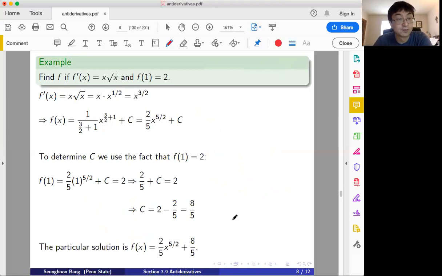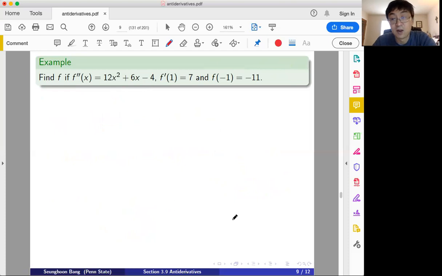So let me see. Second one. You can find f if the second derivative of x equals 12x squared plus 6x minus 4, f prime of 1 equals 7, f of minus 1 equals minus 11. So the same, you can find f prime of x first.